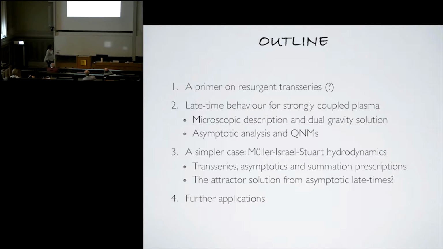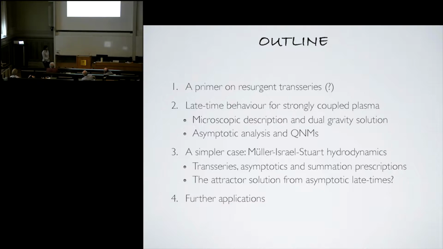So the outline of my talk: I will start with a crash course on resurgent asymptotics, where I'm going to put in 10 minutes my Physics Reports review, or at least give you some hints of the terminology that I will use for the rest of the talk. Then I will introduce the actual system that I will talk about, which is some of my recent work on the late time behavior of N=4 super-Yang-Mills strongly coupled plasma.